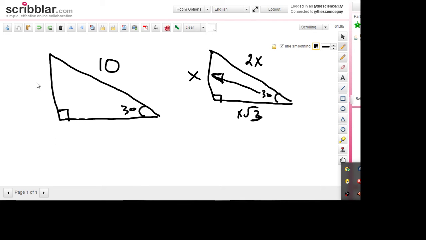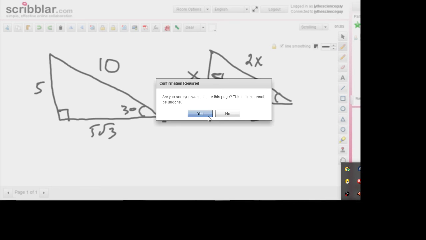Good. Okay, so if I know what my 30-degree side is, I can figure out what all the other sides are, right? So I'm just going to start with my 30. Unless they give you the 60, but you still have to identify the two. So let me do another one. You have that picture drawn now, right?